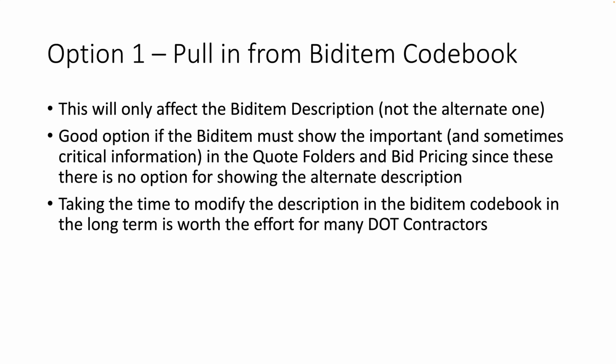So this option will take your modified bid item description and bring that in, so that you don't see what was actually imported in from the Astroware. Now, this is a good option if you want to take the time. You don't have like 1,000 to modify, maybe 100, 200 or so, and then you don't have to even use the alternate description. Everything would be like you want it.